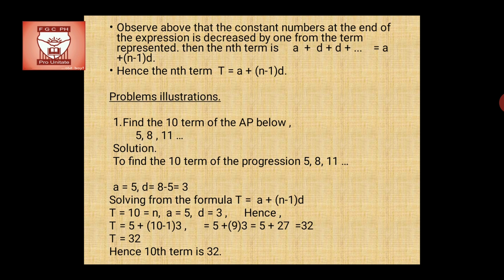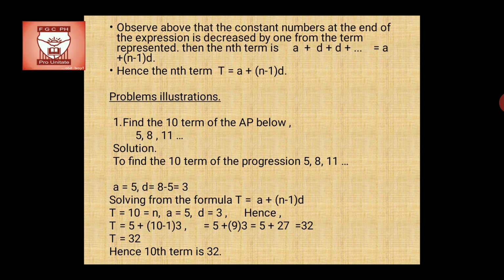Now, solving with the formula, which is T sub n equals A plus (n minus 1) D. The term we are looking for is described there as the 10th, which is the n. A, which is the first term, is equal to 5. The common difference, which is D, is equal to 3. Hence, we can substitute into the formula: T sub n equals 5 plus (10 minus 1) when we put the value of n as 10, multiplied by the difference, which is 3.